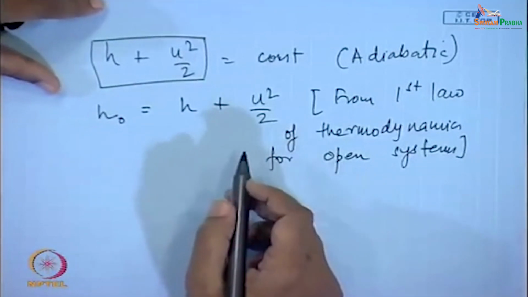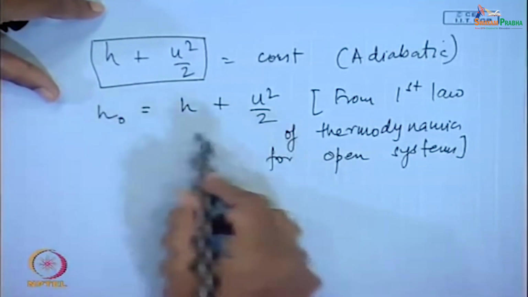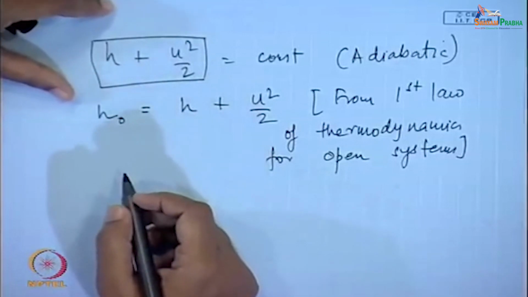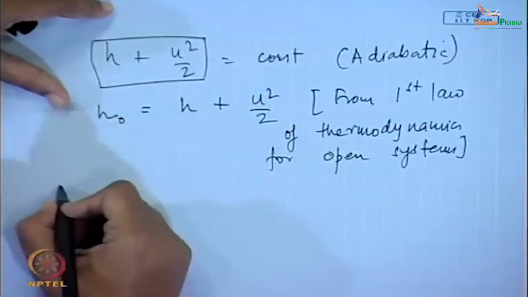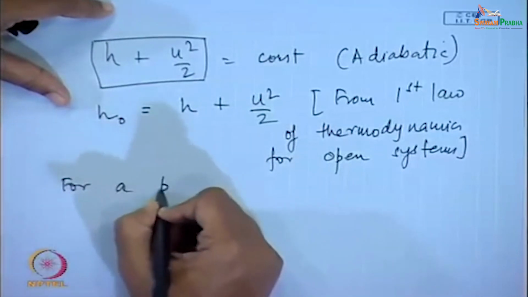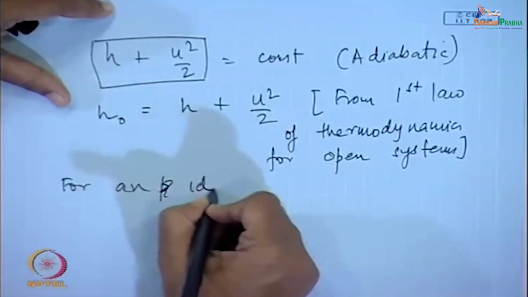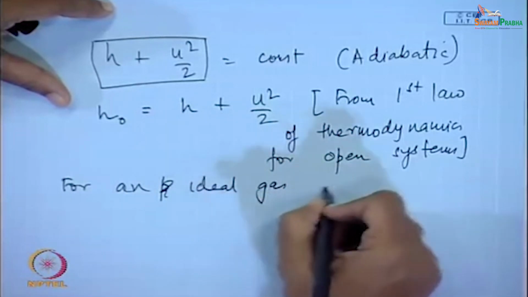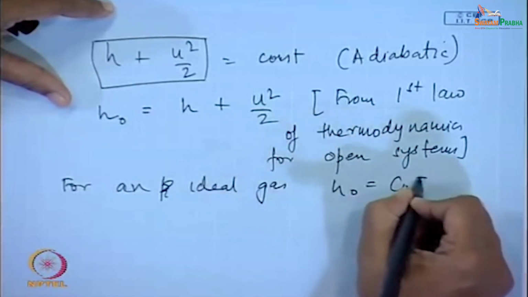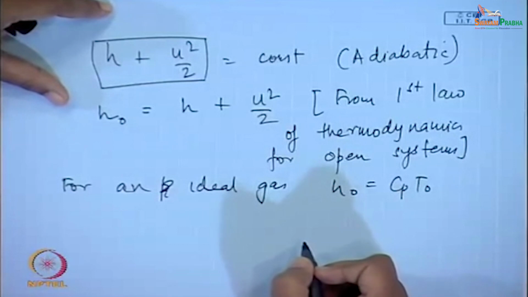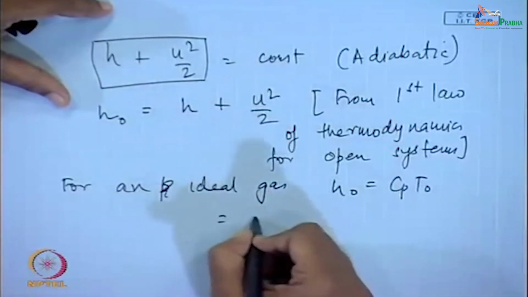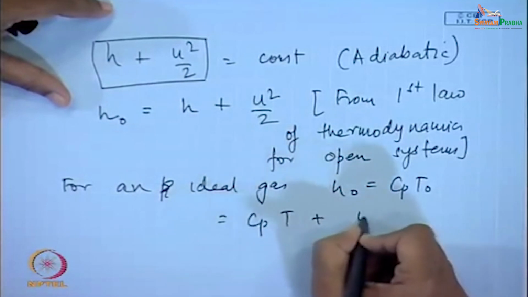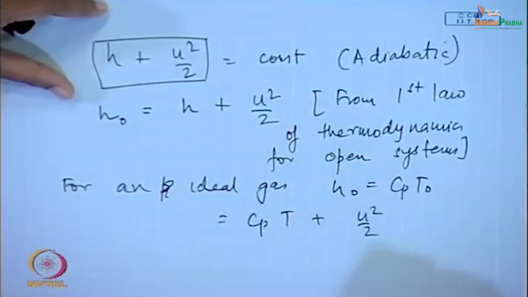So, we get H 0 equals H plus U square by 2. Now, for a perfect gas or for an ideal gas I should say, H 0 equals Cp T 0, is not it? Okay, T 0 is the stagnation temperature, and this will be equal to Cp T plus U square by 2. You agree with me? Okay.